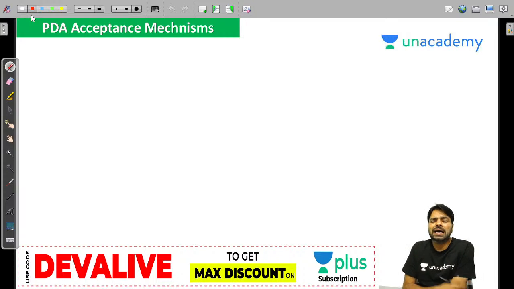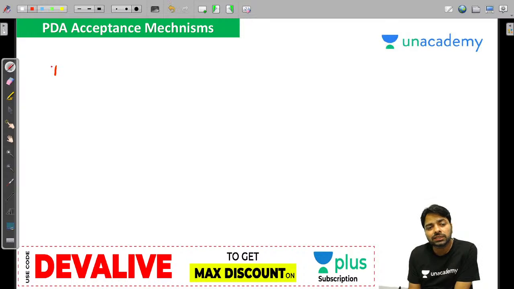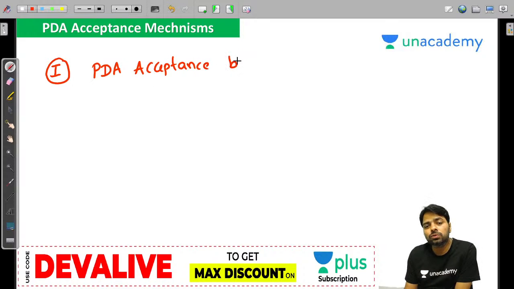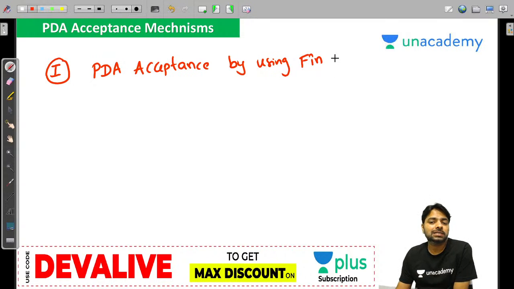Now, before designing a PDA, you should know there are two things, guys. PDA acceptance mechanisms are actually of 3 types. A PDA can be designed, then it can accept. A PDA can accept a language by using the final state mechanism. PDA acceptance by final state.